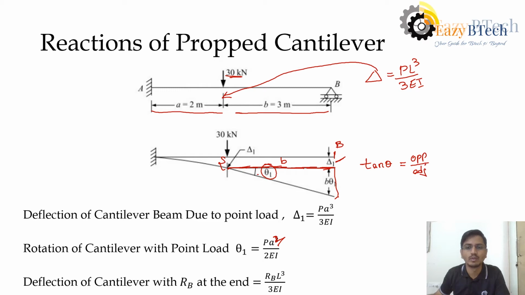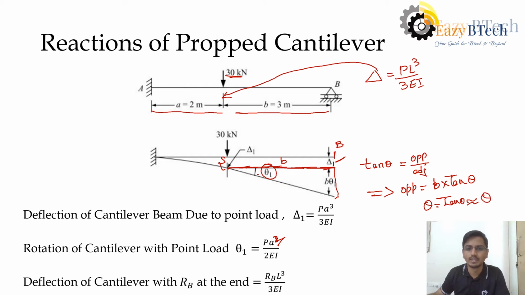I need to get this opposite value. So opposite is nothing but adjacent, that is B into tan theta. Here the theta we assume is small. If theta is small, then tan theta will also be much smaller, so we assume tan theta is equal to theta.